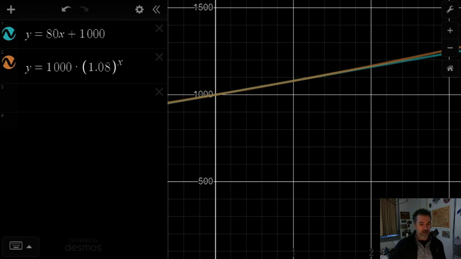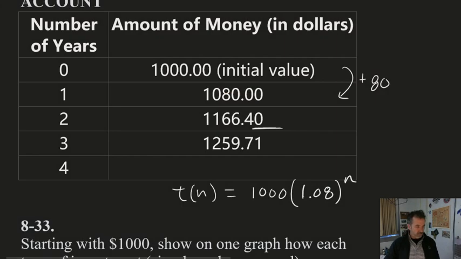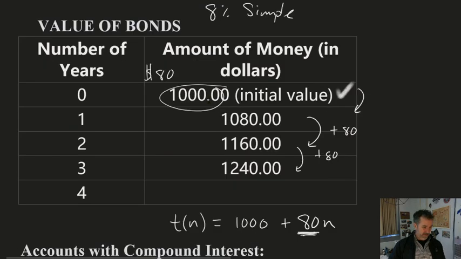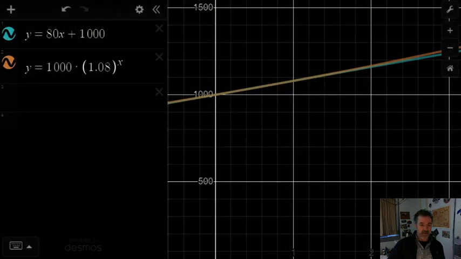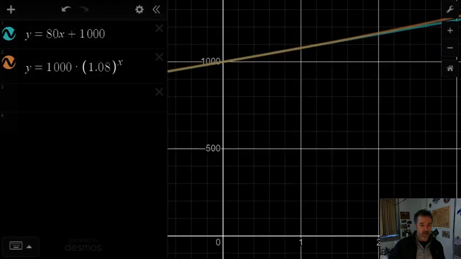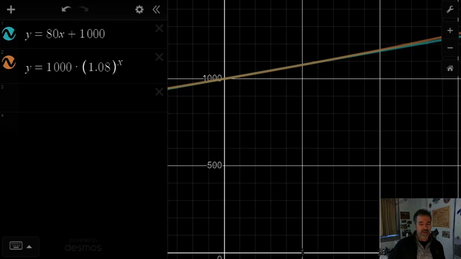So when we look at year 1, the compound interest is at 1,080, and the simple interest was at the same amount. So in that first year, it's the same dollar value, but then at year 2 it starts to deviate.